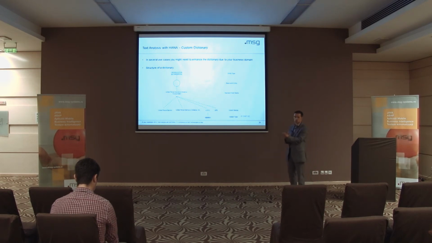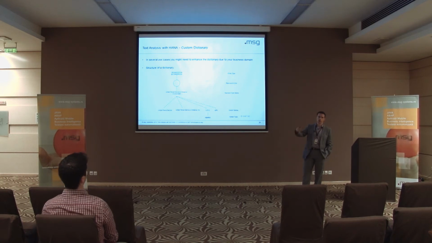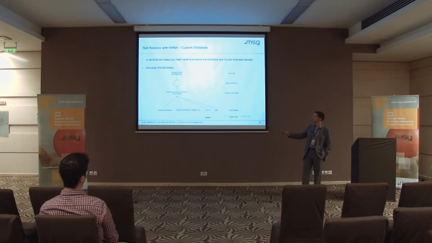Because this is what you would extract if you read a text about United Parcel Service. It's a company, and an organization. So you have here an entity type, which already represents a small hierarchy. Organization at commercial. And this is now mapped to a standard form name. So whenever a text is searched and exactly this word appears, this entity type is attached to this word and is stored within the database.